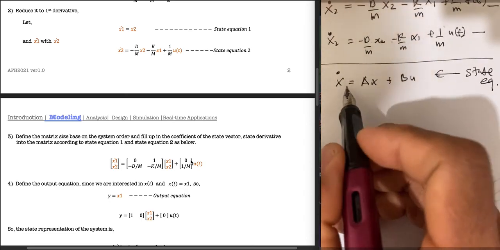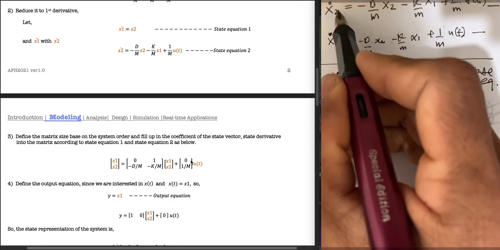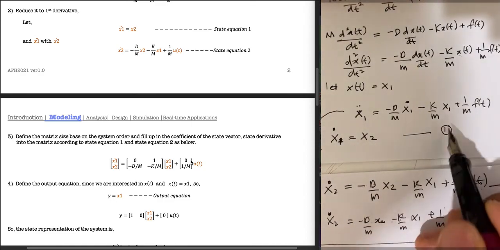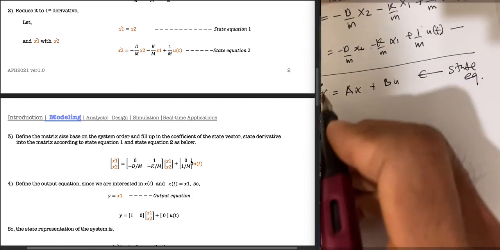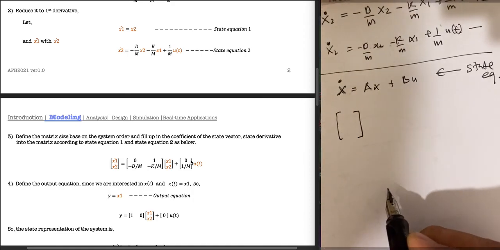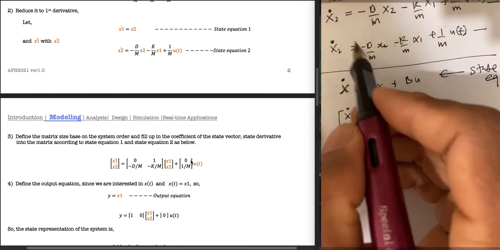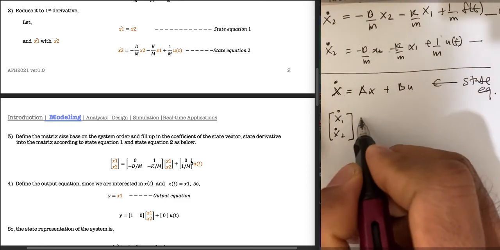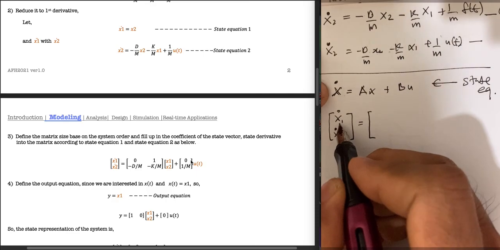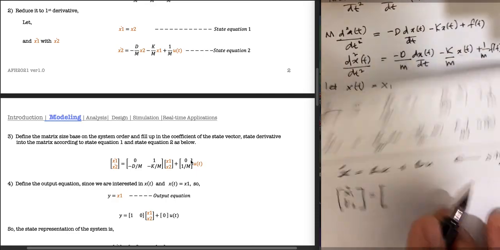So we have this form. We have x1, which is the first equation, and x2, the second equation. So you can write this as x1 dot, x2 dot, right? That is equal to the first matrix, because x1 dot equal to x2.